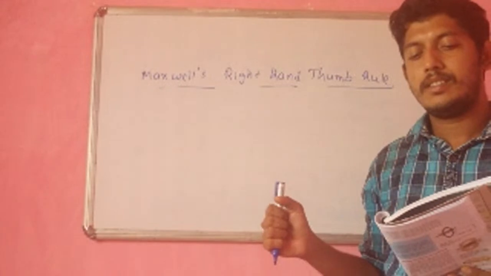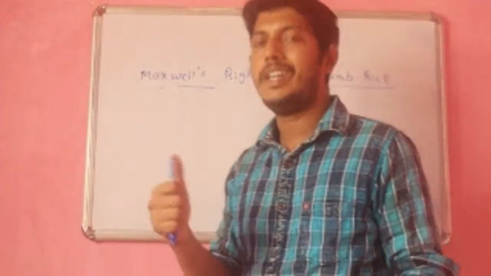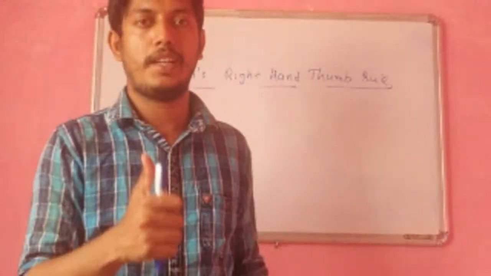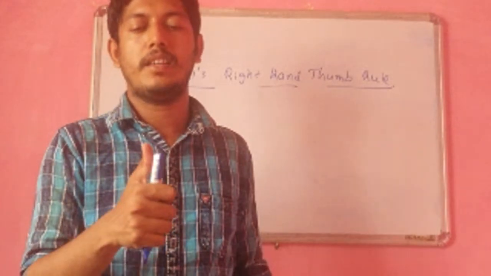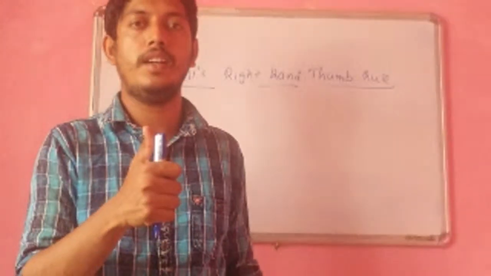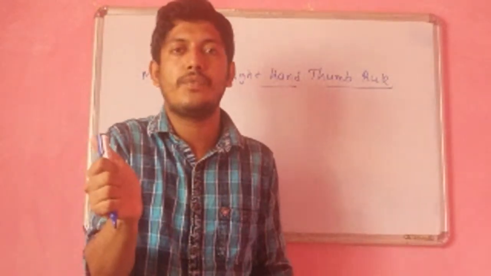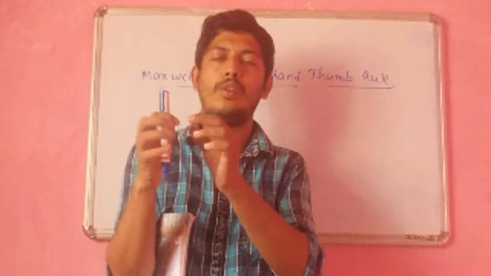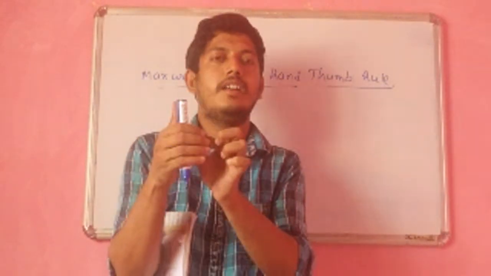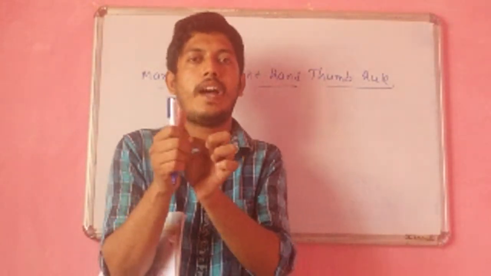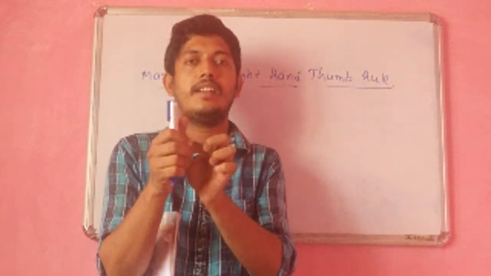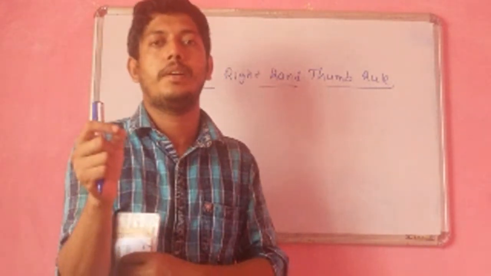This is known as the right hand thumb rule. So when we hold a current carrying straight conductor in our right hand, if the thumb represents the direction of the electric current or direction of flow of current, then the curl of the fingers, the remaining four fingers wrapped around the conductor, shows the direction of the magnetic field.